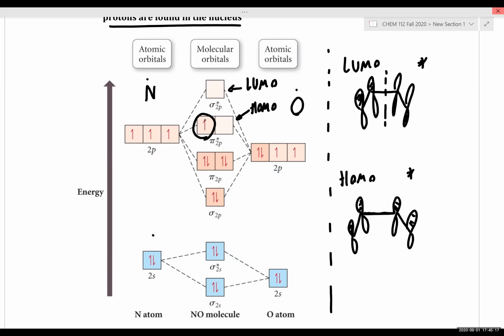So certain chemical reactions, for example, can be driven by heat.